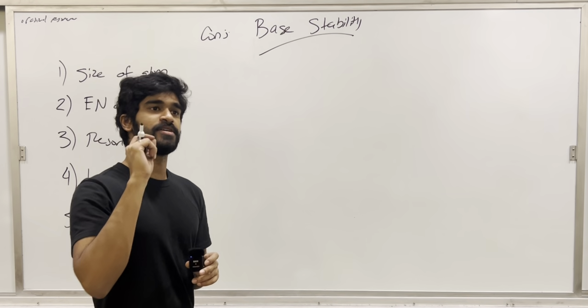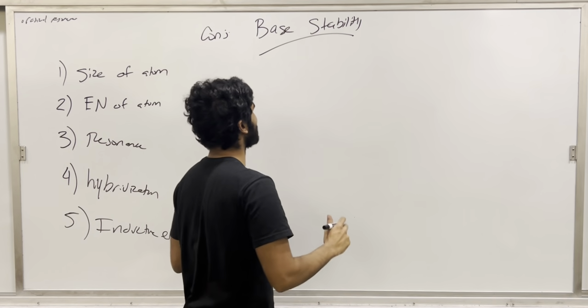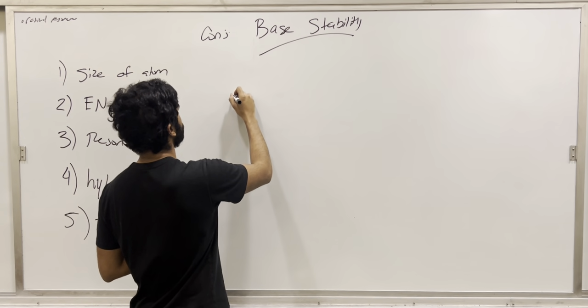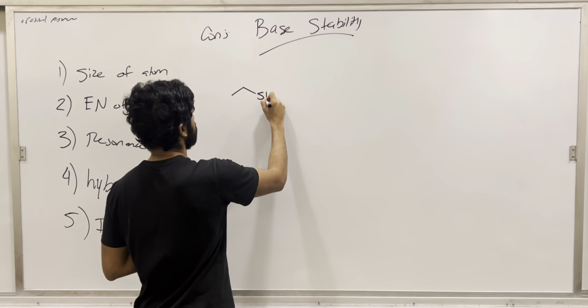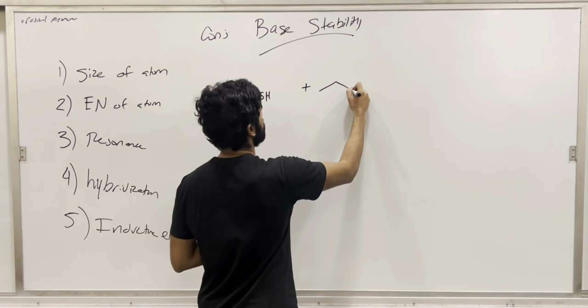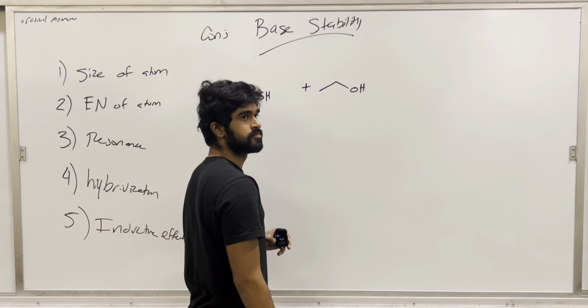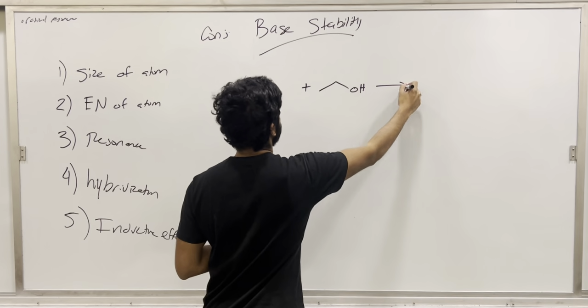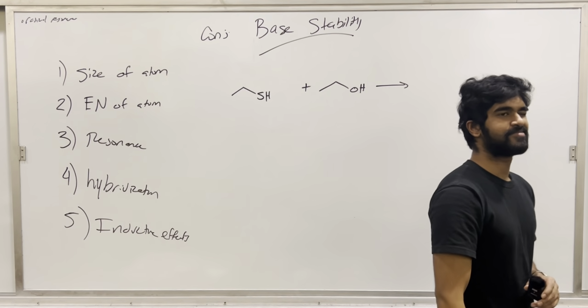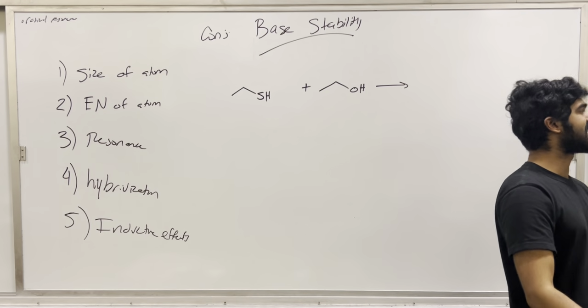So let's do some digging, shall we? So let's say that we have a reaction between this and this. What's going to protonate what? What's the stronger acid based on the table?